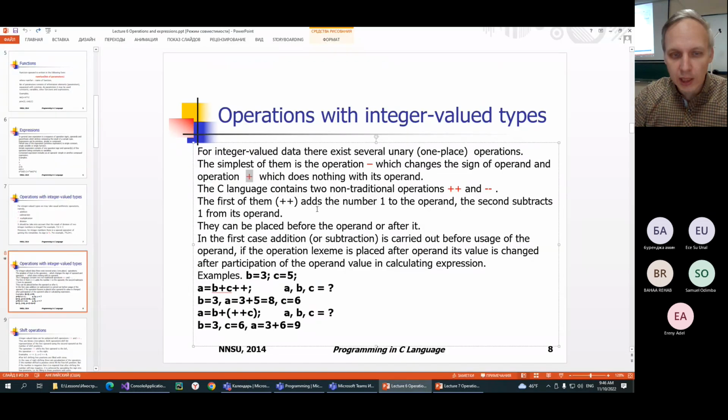Well, more complex unary operations, non-traditional operations that we have no such operations in mathematics, are plus plus and minus minus. The first of them adds 1 to the operand, and the second subtracts 1 from the operand.